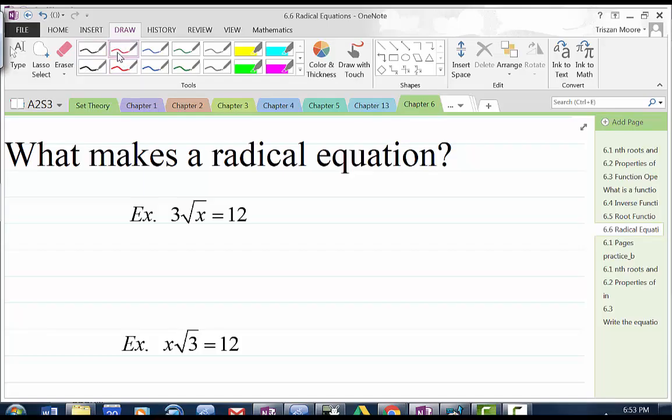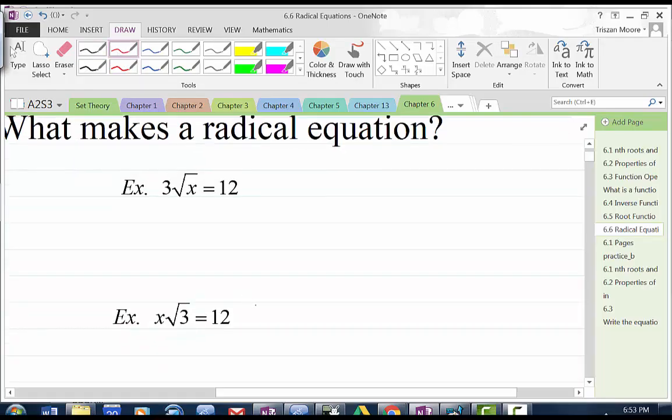If you can't see what the difference is between the two, notice that one has the variable inside the radical, and one has a variable outside the radical. Since it's outside the radical, that means it would be a coefficient. But being that we put radicals at the back, that's probably why we have it there.